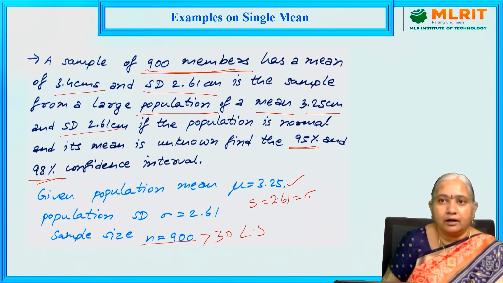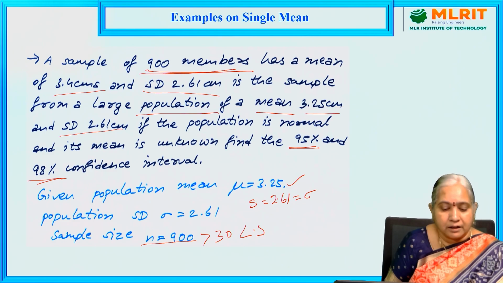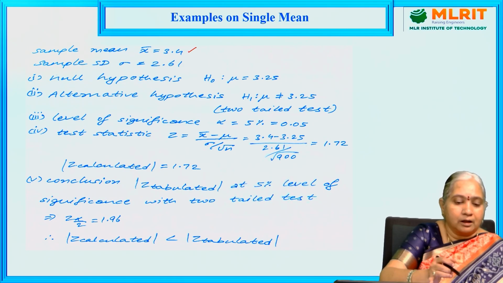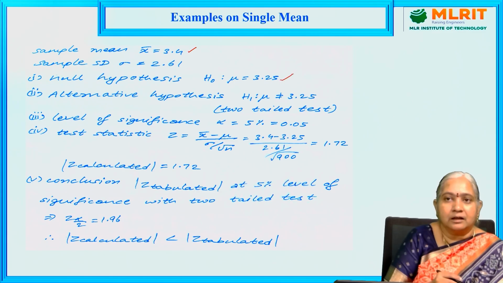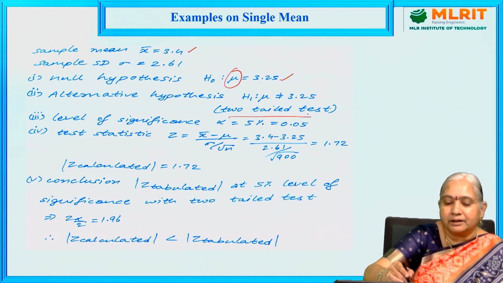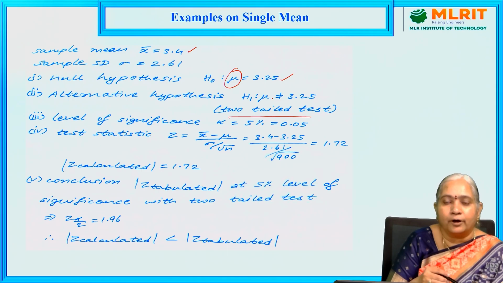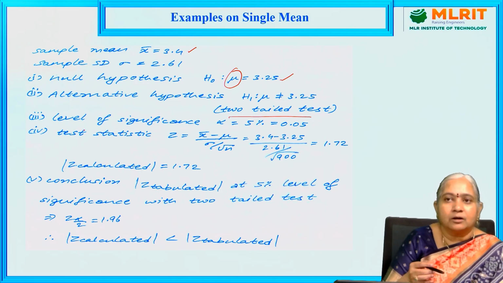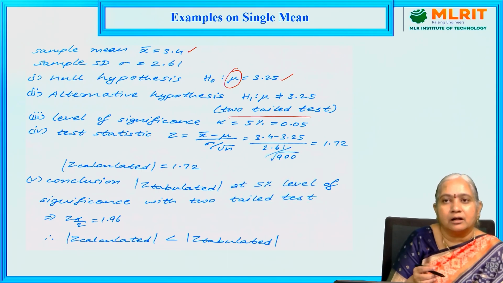So first we test the hypothesis whether to accept or reject our claim about the population mean, that is mu equal to 3.25. This is the claim about the population mean. And alternative hypothesis, by default we define it as a two-tail test, mu not equal to 3.25, since in the question nothing is mentioned about the alternative hypothesis.